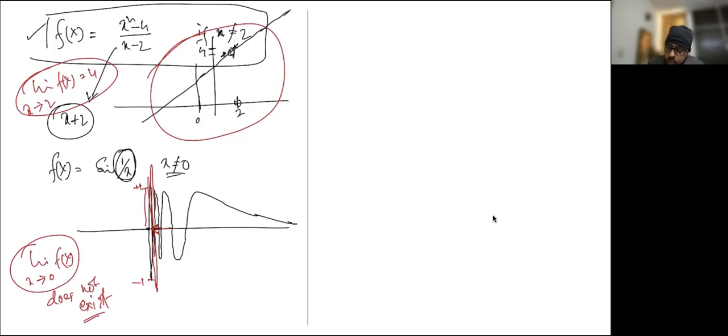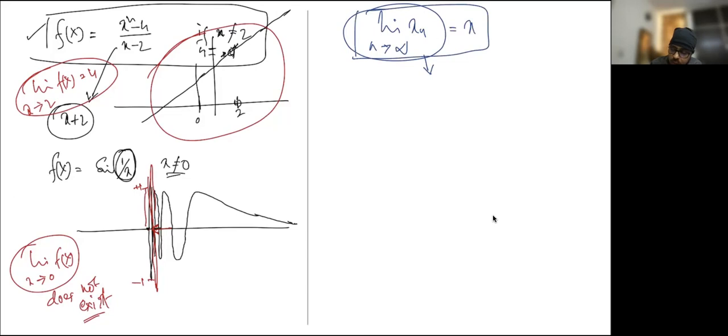And for sequences, we have already come across this notion of a limit, and here also the notion is going to be very similar. So let me just recall again. When do you say the limit of a sequence is, let's say, x? This we had seen.